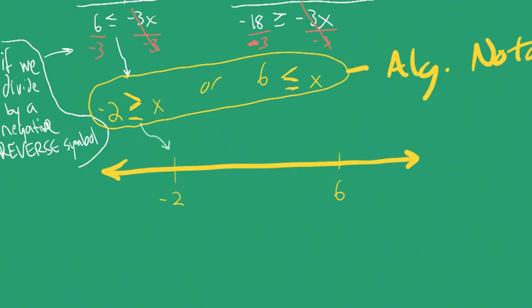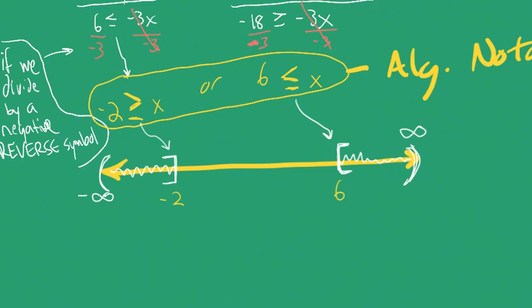Going to use a bracket. x is less than -2, all the way down to -infinity down here. On the right, using a bracket again, x is greater than 6. So that goes all the way up to infinity.